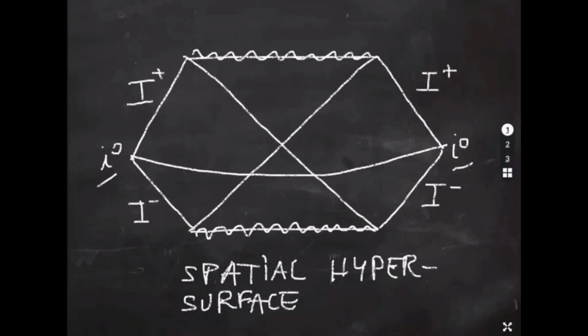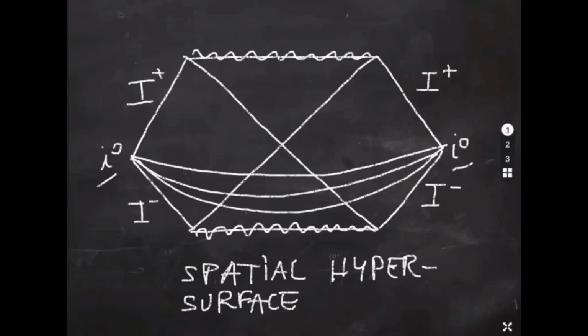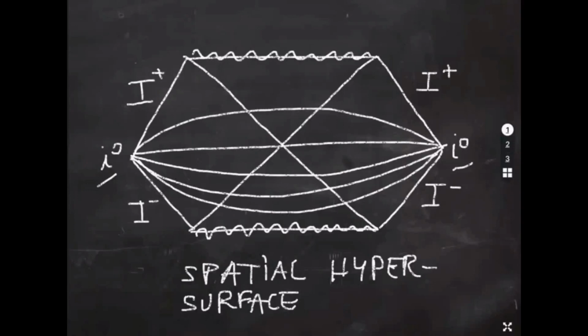I'm going to draw a few of them, like this one, and this one, this one, this one, this one, etc. The flow of time, as usual, is in this direction. This is the flow of time.